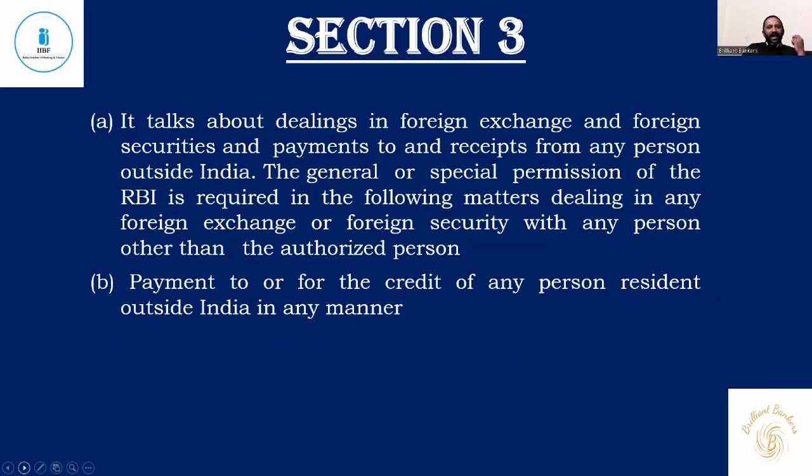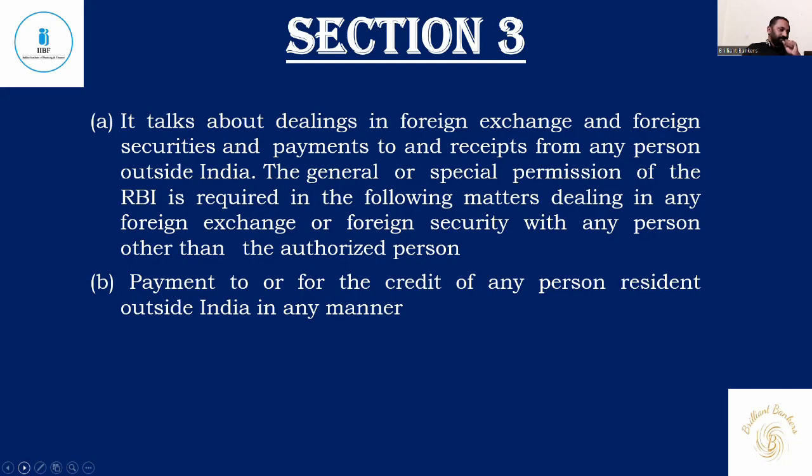Section 3 of the Act talks about dealings in foreign exchange and foreign securities, and payments to and receipts from any persons outside India. The general or special permission of the RBI is required in the following matters: dealing in any foreign exchange or foreign security with any person other than an authorized person. So, who is an authorized person?